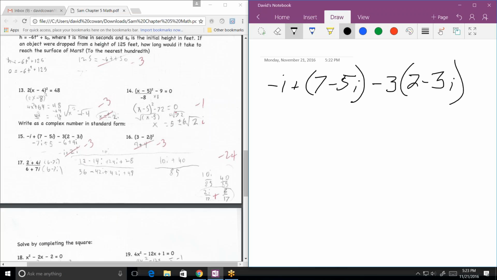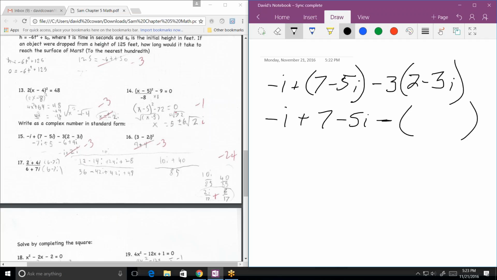So what do I get after I distribute the 3? So now I got minus i plus 7 minus 5i. I can remove the first set of parentheses easily by just erasing them, it doesn't change anything. Second set, not so easily. What am I subtracting?